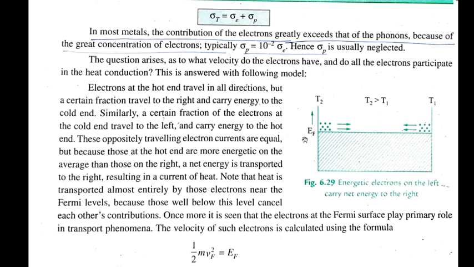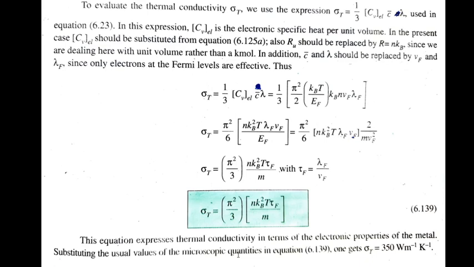Since they are close to the Fermi energy surface, 1/2 m Vf square is equal to Ef, and from that relation we are able to calculate sigma t. Sigma t carries the 1/3 factor because of the degree of freedom, specific heat because of the electron contribution, and this is the net velocity of the electron multiplied by the mean free path.